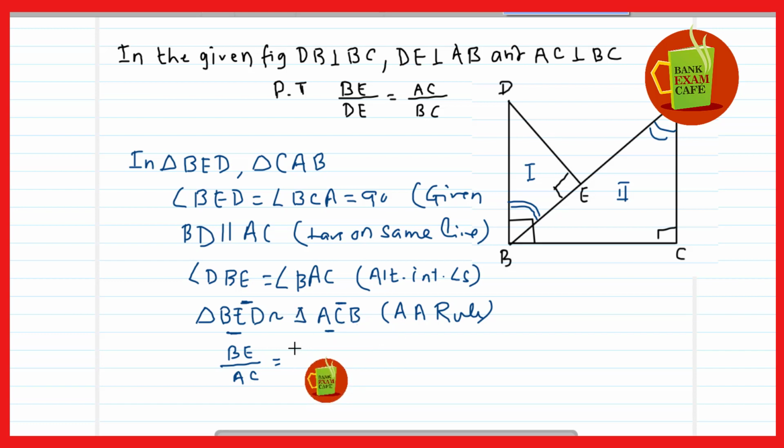So these two ratios are equal because these two triangles are similar. Now you can take DE to this side and AC to this side, and so you will get BE upon DE equal to AC upon BC, and hence it is proved.